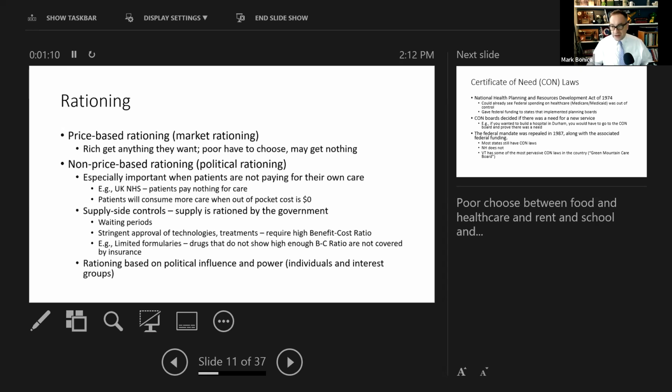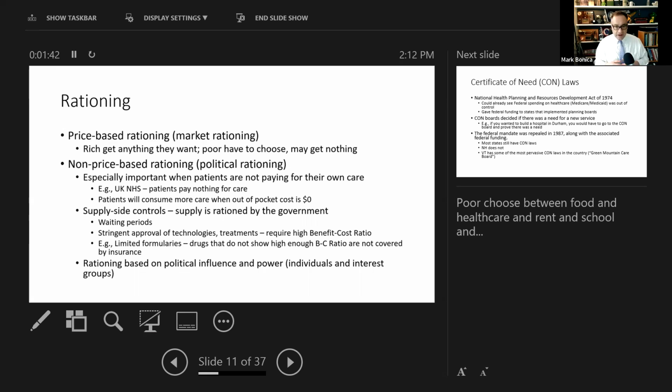So rationing is what we're talking about. When a government or an insurance company says you can't have something, we're rationing. We're saying the reason we're not letting you have this thing is because it's too expensive and it would take away from someone else. So if you're the British government, for example, in the National Health Service, they're using taxpayer money to pay for healthcare for everybody.